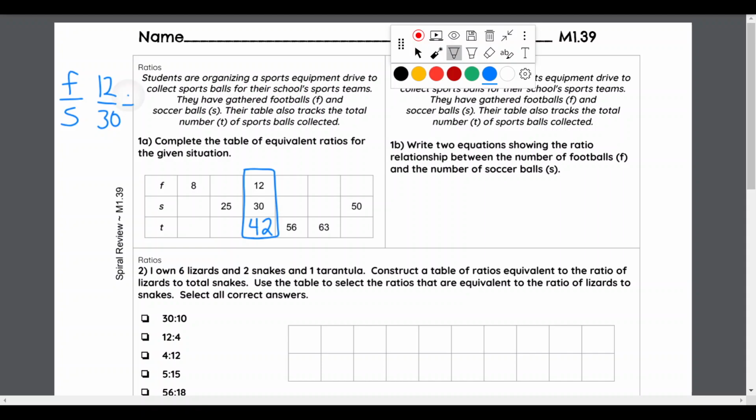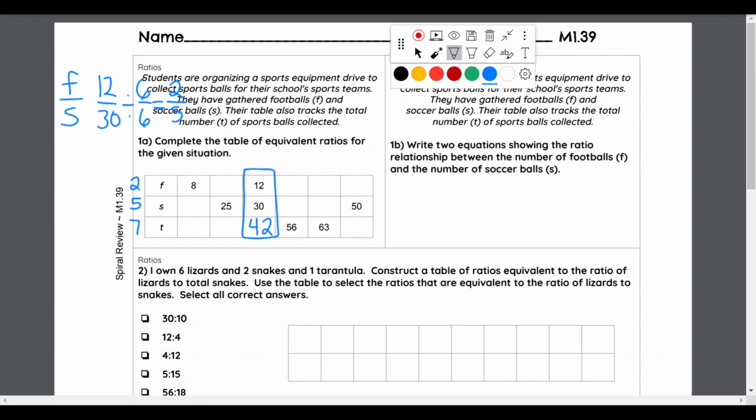I can then take this ratio of 12 to 30 and scale it down into largest possible units. These are both divisible by 6, which will give me a 2 to 5 ratio. 2 to 5, and 2 plus 5 is a total of 7.